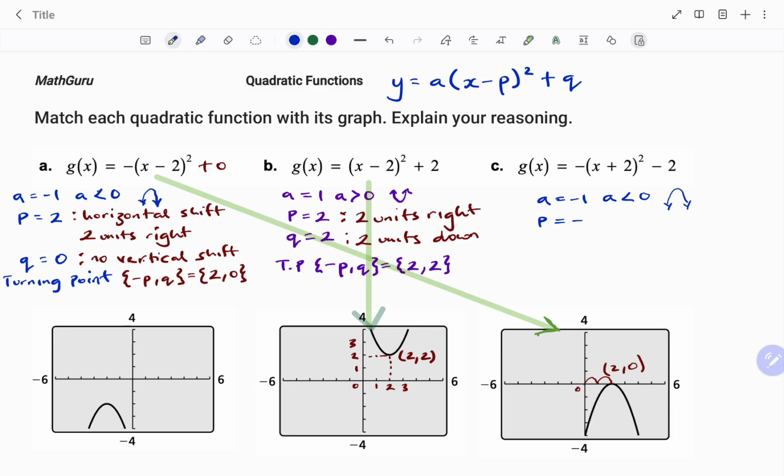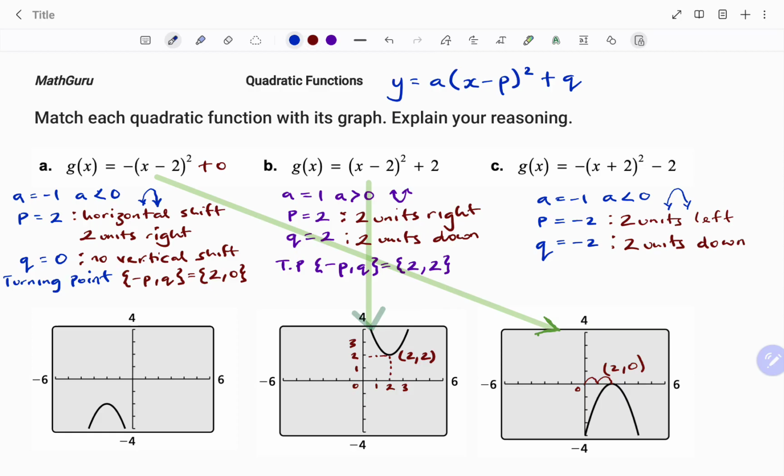So I have p equals -2, and the interpretation is I have my horizontal shift 2 units to the left. And for my q value, if I go back to the equation, q is -2, and then my graph has shifted vertically 2 units because it's negative, 2 units down.